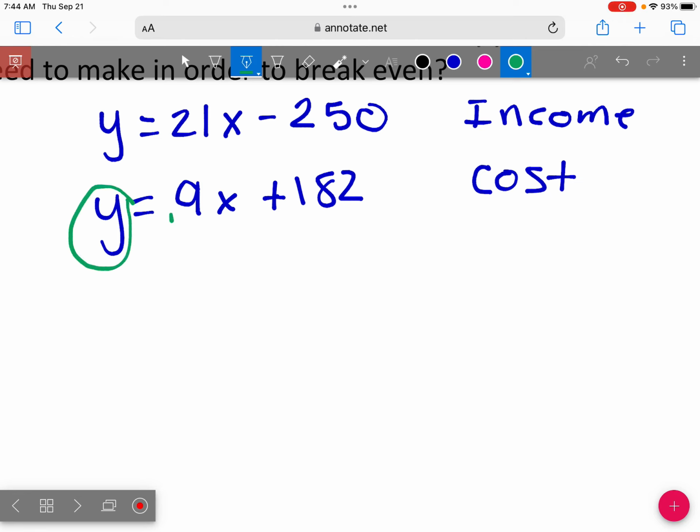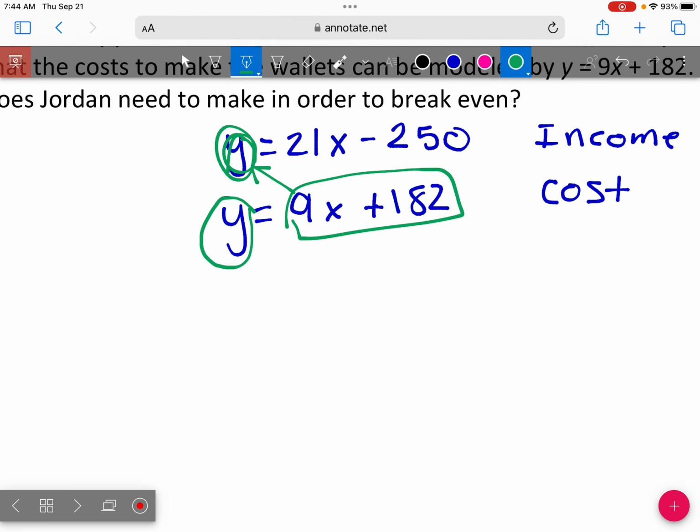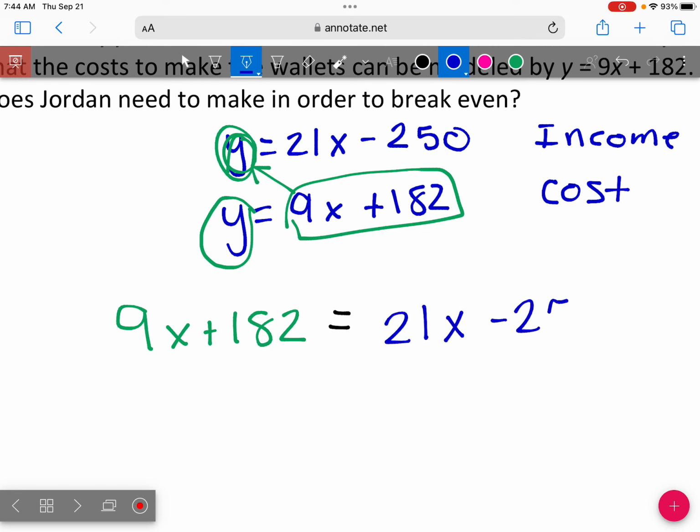I know that y equals this, so let's substitute it in place of here. We're going to have 9x plus 182 set equal to 21x minus 250.